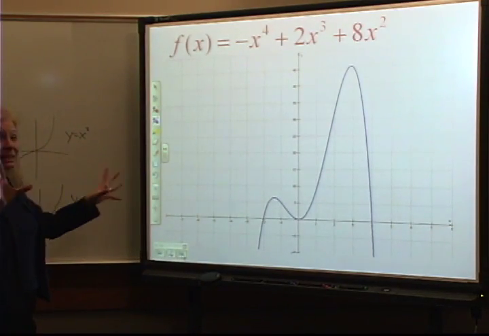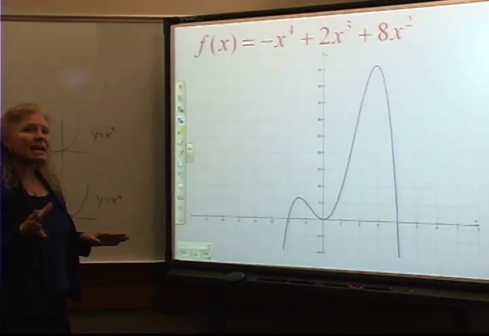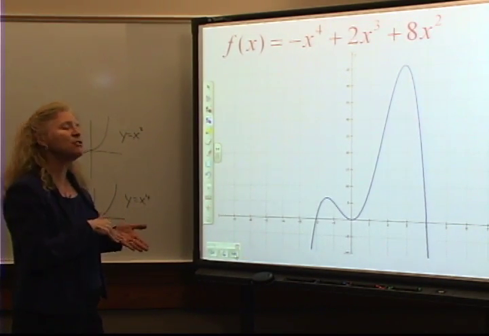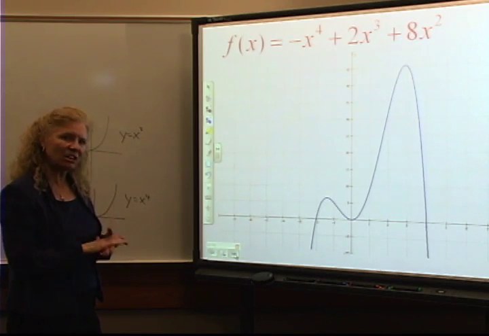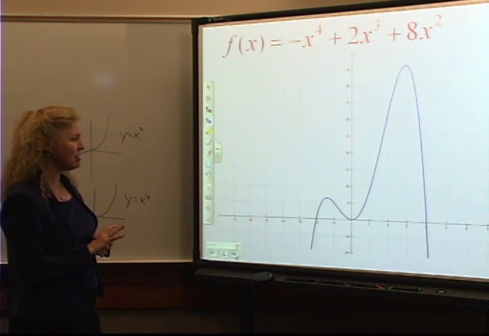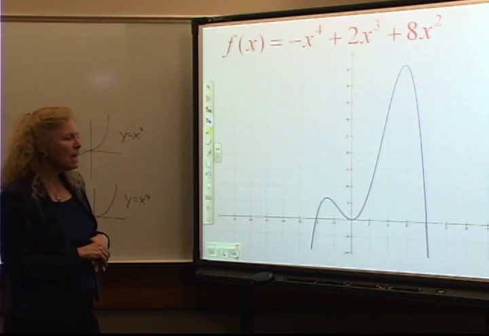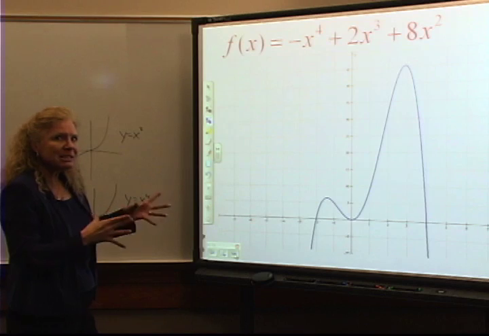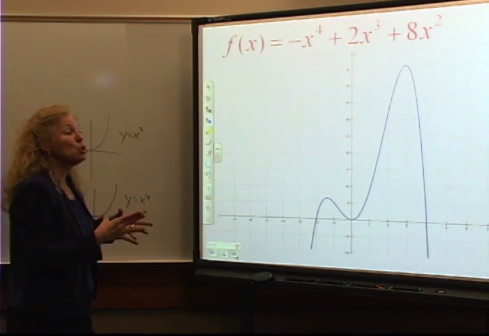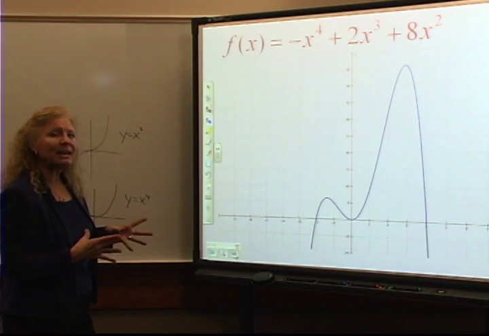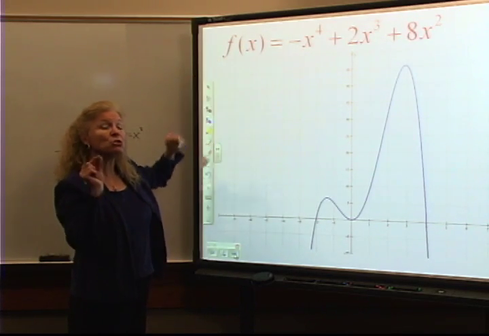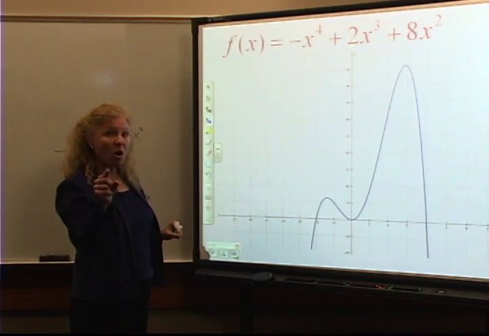What's really interesting about this is that all this knowledge is very important even if you're going to grab graphing technology. I love the graphing calculators and I love using WinPlot, but how do you know you have a full graph? Maybe there's some action going on and you just aren't looking in the right window. If you understand your polynomials, you'll know you've got it all.